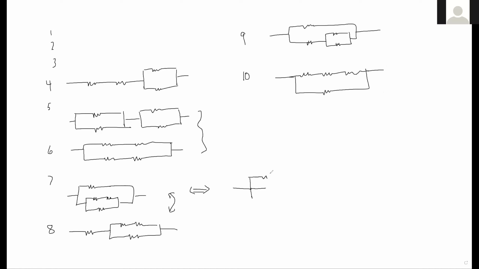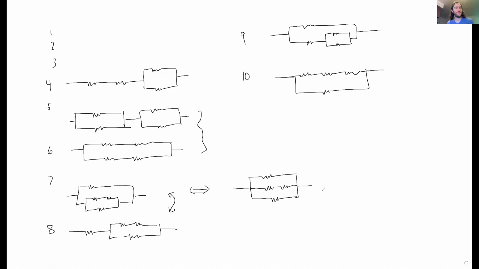David, you getting all this? What I don't get is, are we doing 4 through 10 too, or just 1 through 3? Because you only wrote down the 1 through 3 circuits. No, I want you to go through all 10.